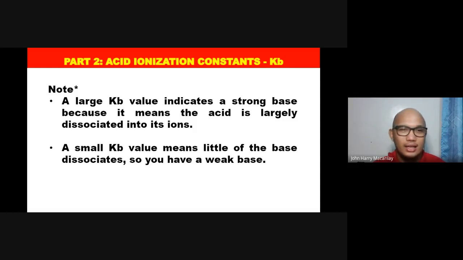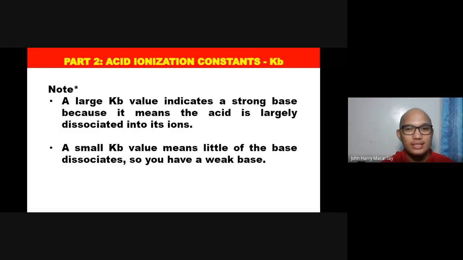The same with our acid, Kb is used for distinguishing a strong base from a weak base. If it has a large Kb, it will completely ionize or dissociate, which pertains to strong bases. And for a small Kb, it means partial dissociation or ionization. It means that only a portion of the original base was ionized, which describes a weak base. Alright? So that is your base ionization constant.